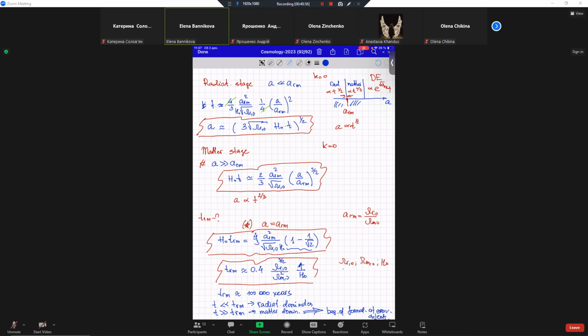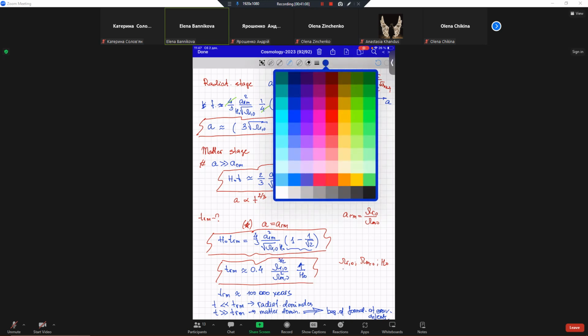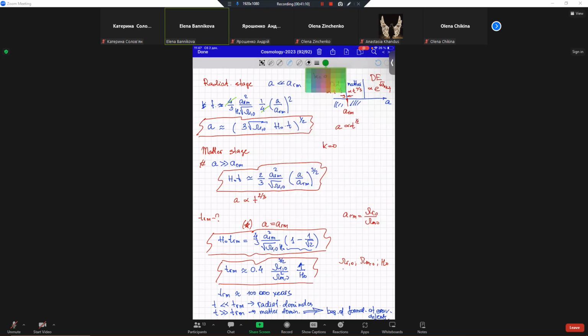Okay, we cannot say immediately, because some time should also pass. And in the radiation stage, you can put here remarks: the universe was in thermodynamical equilibrium.